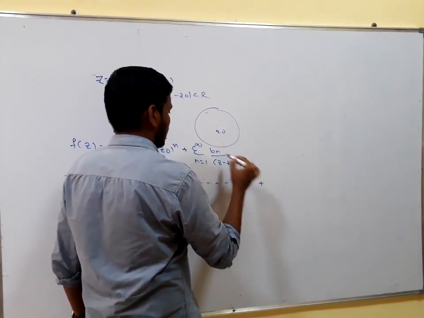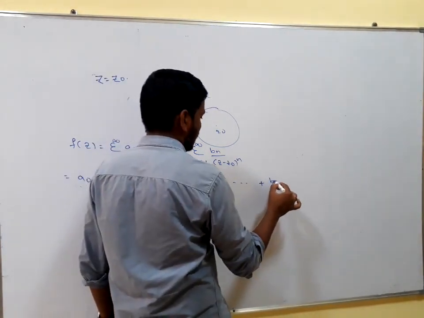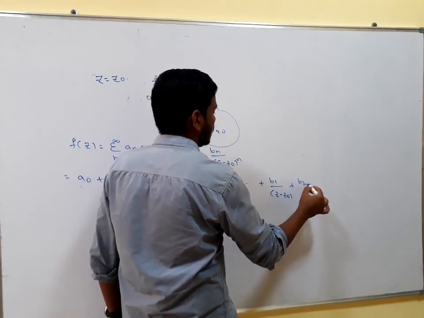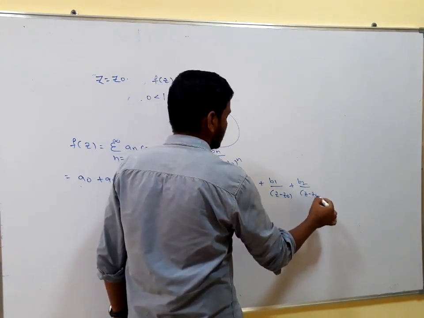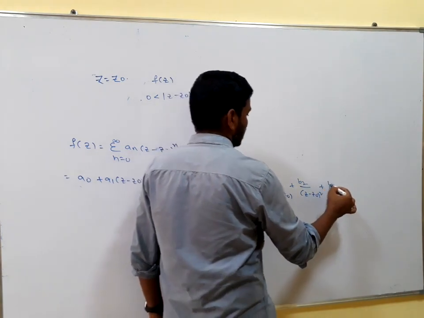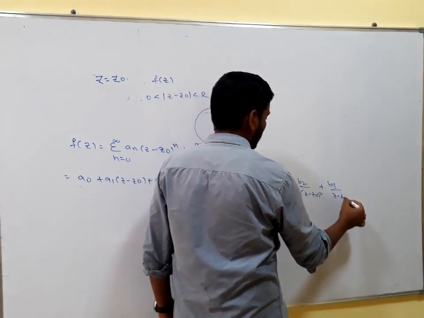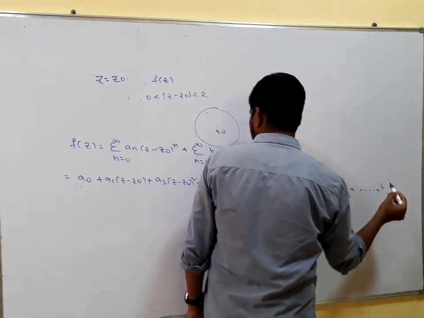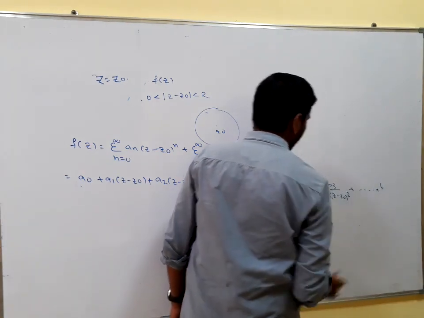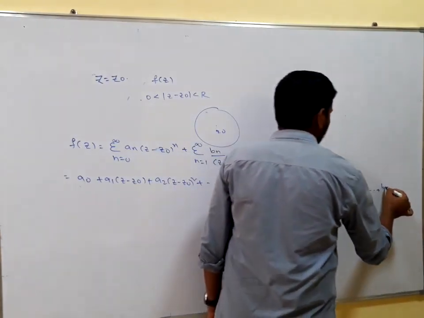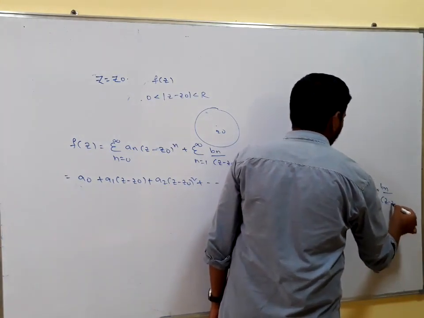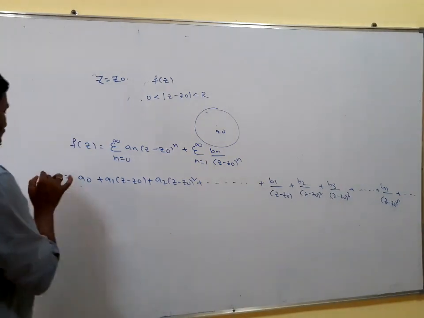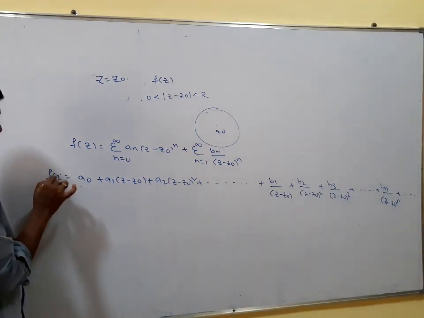Plus here n equals 1, we take b1 divided by z minus z naught plus b2 divided by z minus z naught whole square plus b3 divided by z minus z naught whole cube plus so on, plus b n divided by z minus z naught whole to the power of n plus so on, right? If you are expanding like this, we have the Laurent series expansion like this, right?